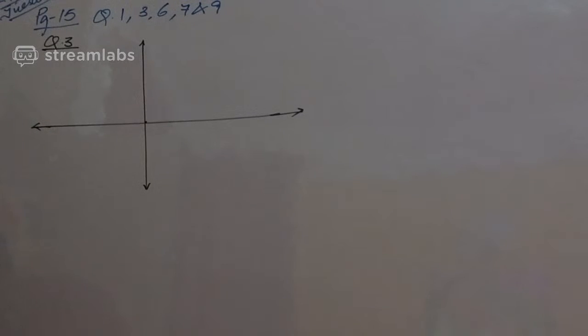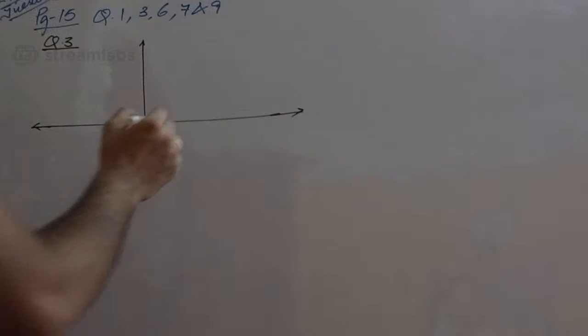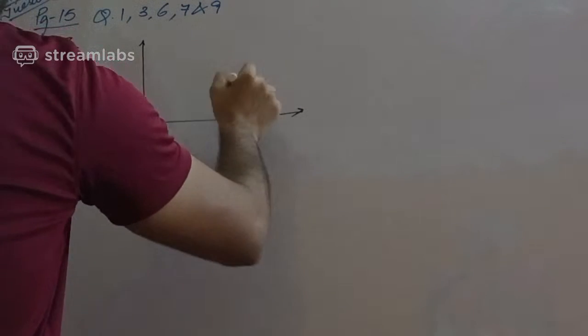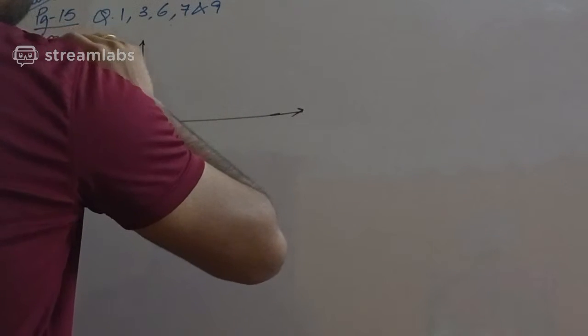It's written up, it should not be parallel to the rulings, and sides are not parallel to the rulings on your graph paper. So rulings means all the lines which are there, that should not be parallel to them. Okay. So for example, I'll go with this.